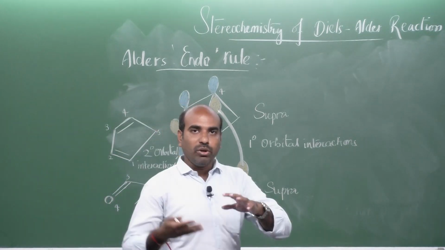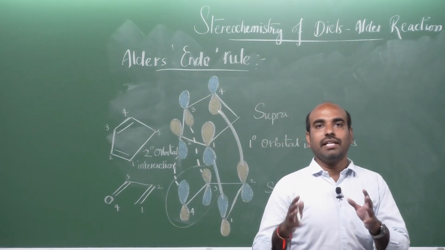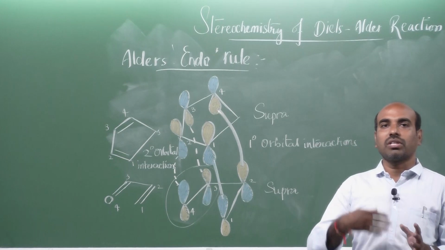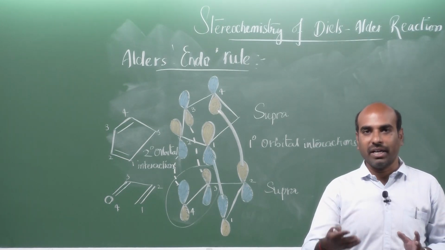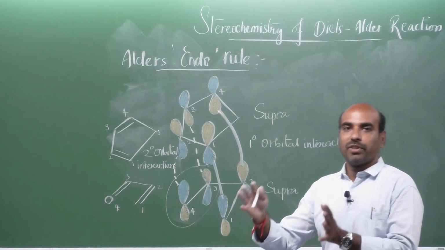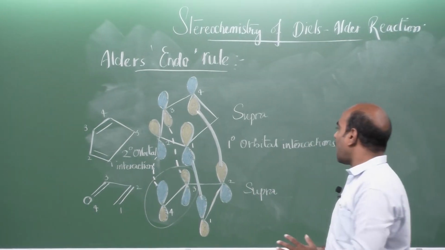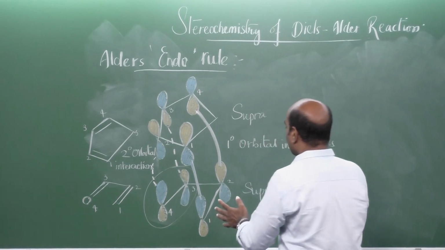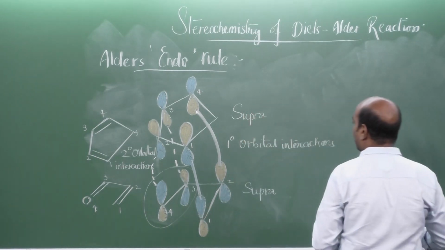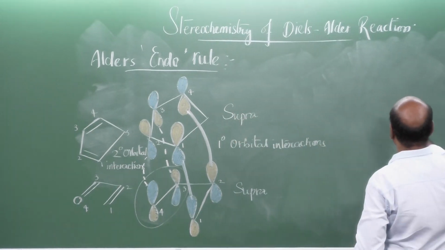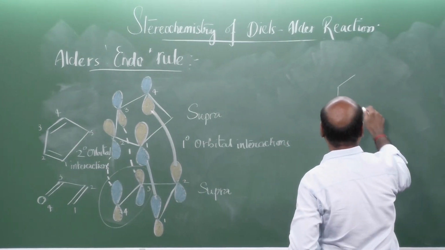So, on an endo approach, you can see clearly the secondary orbital interactions which are stabilizing the transition state for an endoisomer. That is why you will often see the endoisomer as the major product. Whereas, if the molecule is approaching the diene in a different way, the exoisomeric form, we will quickly see this.